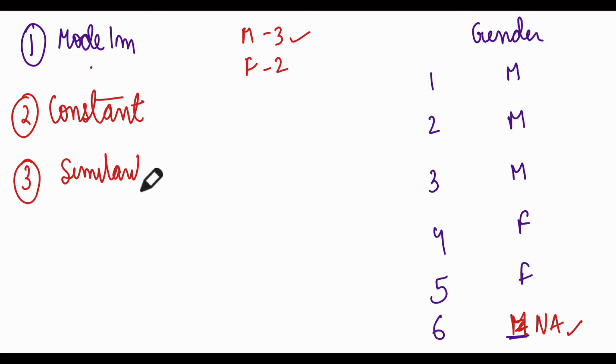or grouping. So what you do here, for example, let us say you have multiple missing values. For example, in this case you had row 6 missing and row number 7 also is missing. Let me just erase this one.